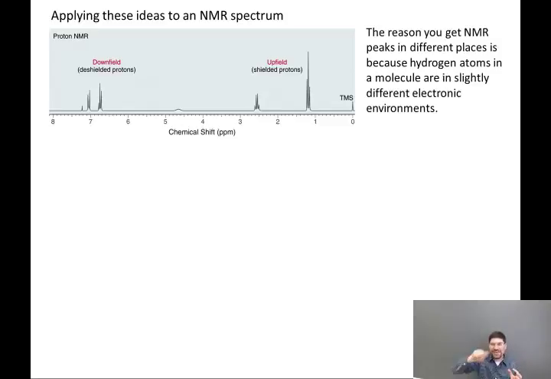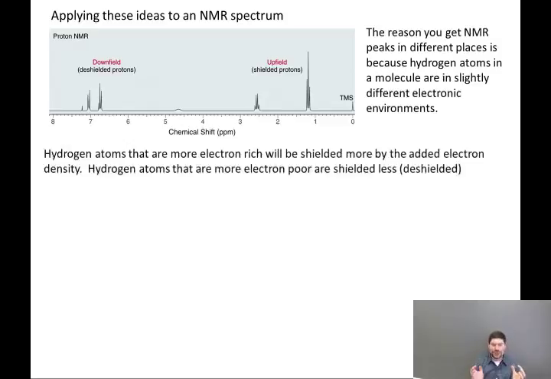So how much the effect of the local field due to the electrons around the hydrogen atoms depends on exactly how electron-rich that hydrogen atom is. How much of those electrons are really there around the hydrogen, or how much are they being pulled off a little bit somewhere else in the molecule?